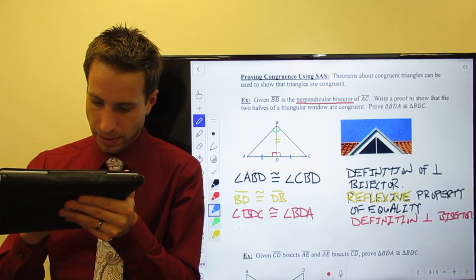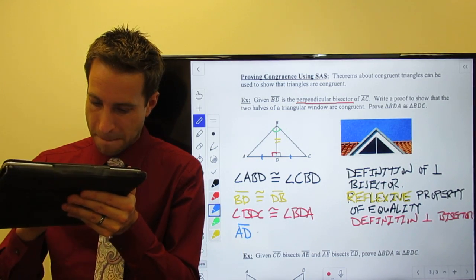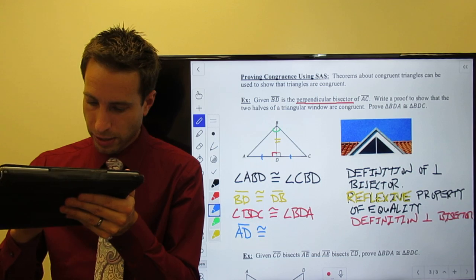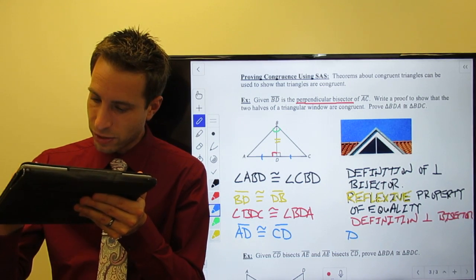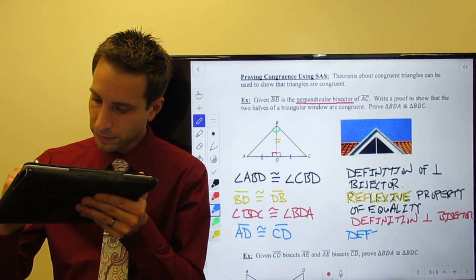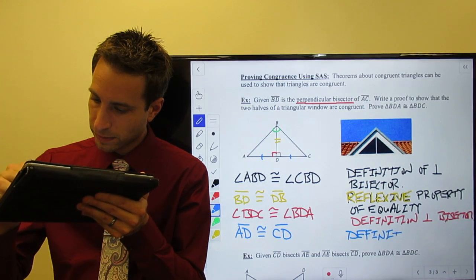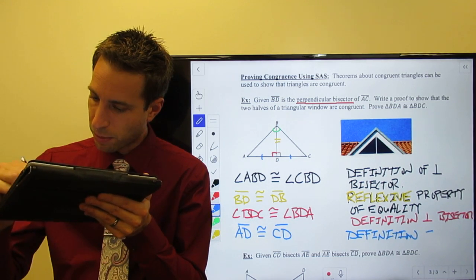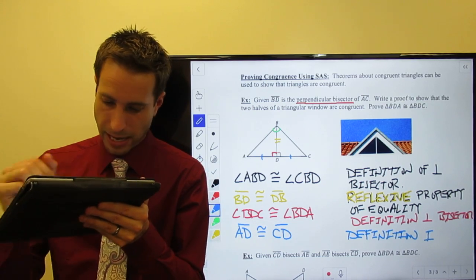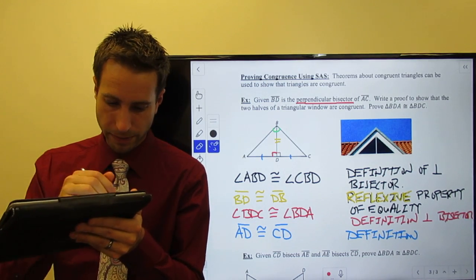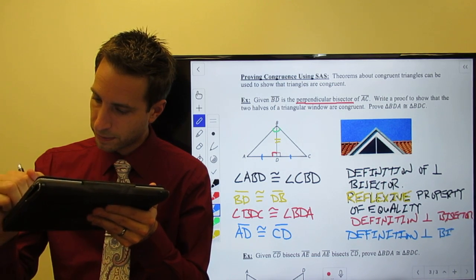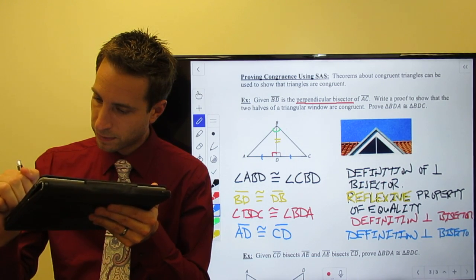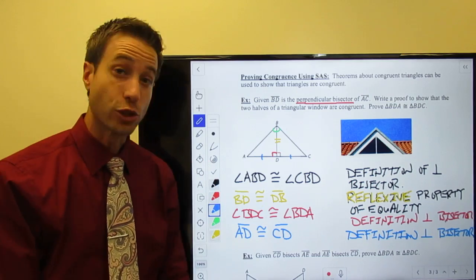So, side AD must be congruent to side CD. Again, that is a definition. Perpendicular bisector. And there we go. That's good enough.